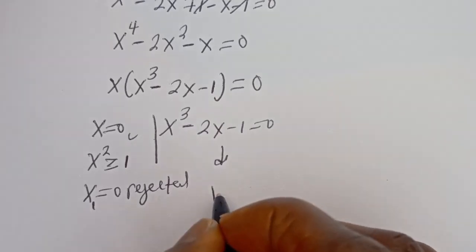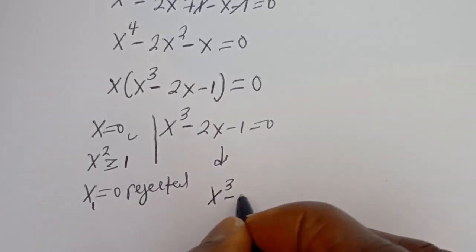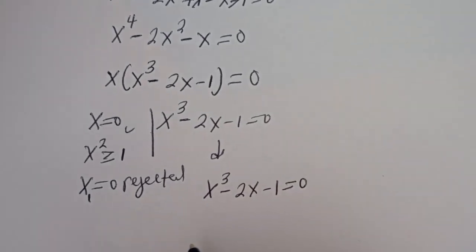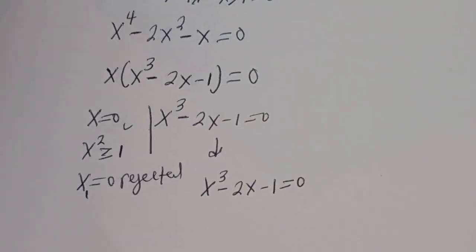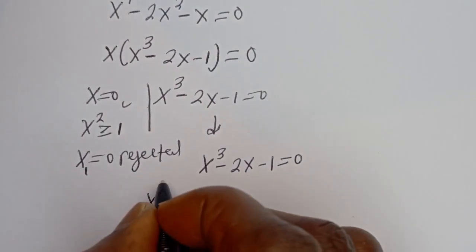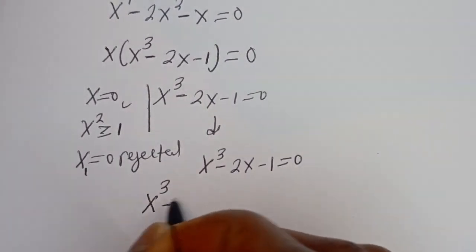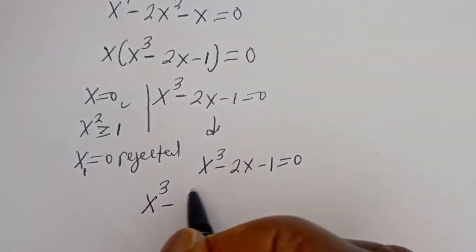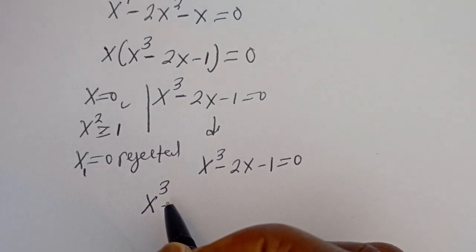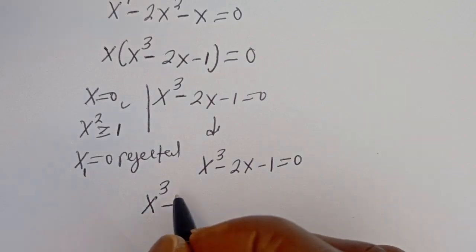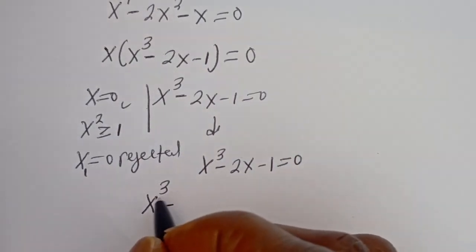So now let's consider this. We have s to the power of 3 minus 2s minus 1 is equal to 0. Then let's perform a trick here. We have s to the power of 3, let's add and subtract s squared from this side.